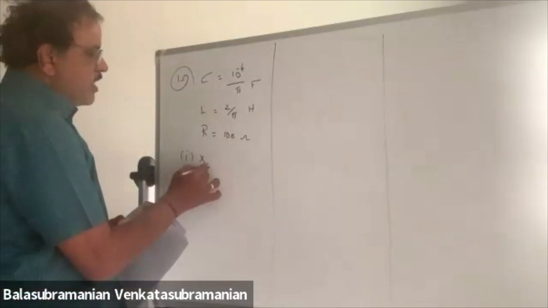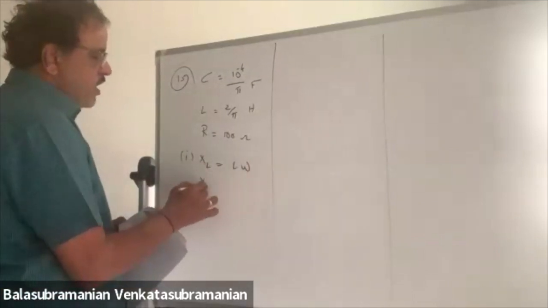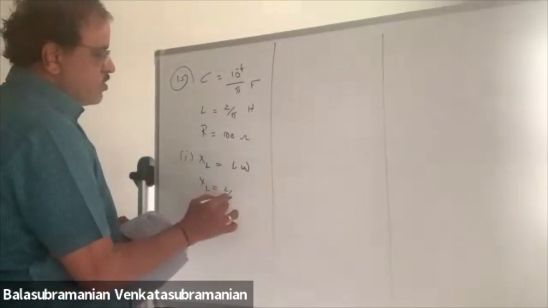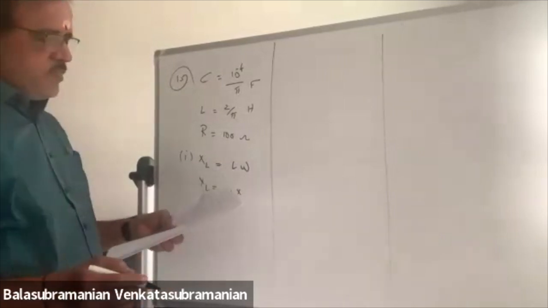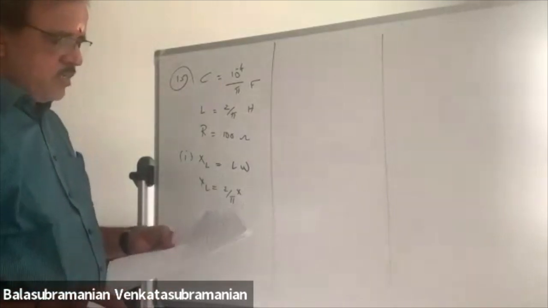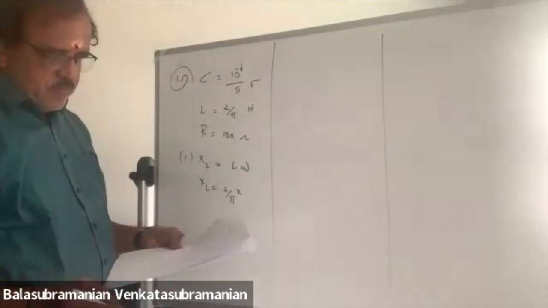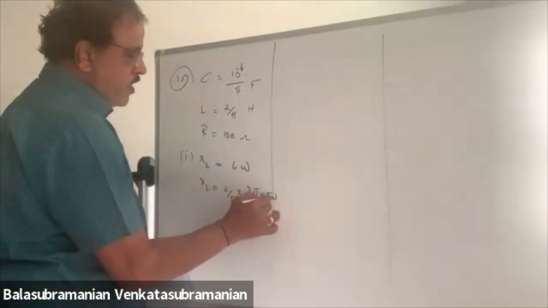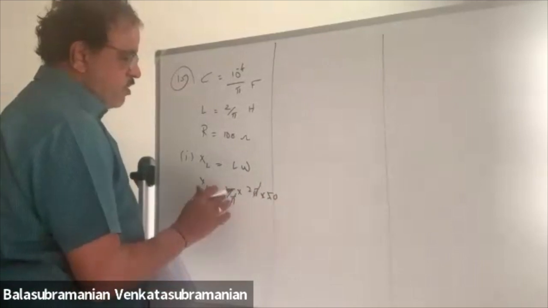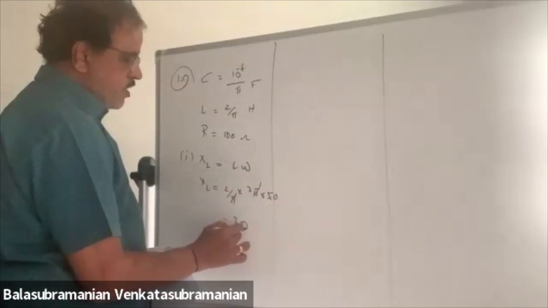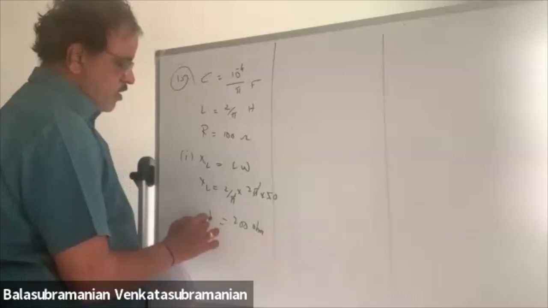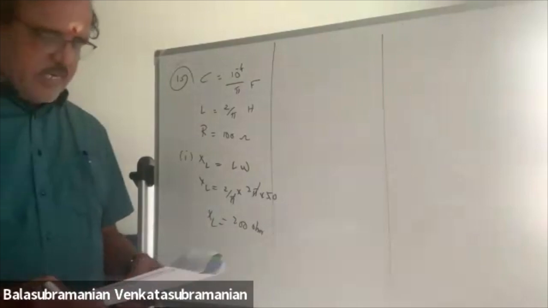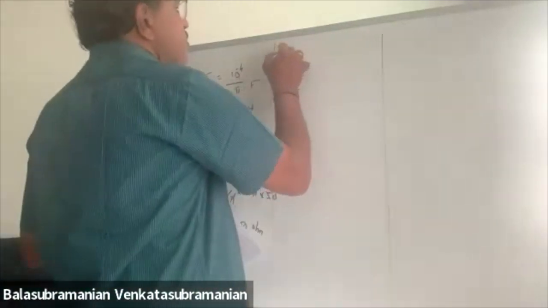First, inductive reactance. XL is equal to L omega. L is 2 by pi. Omega is 2 pi into 50 with frequency 50. Pi cancels. 4 into 50, 200. Okay? Next, capacitive reactance.